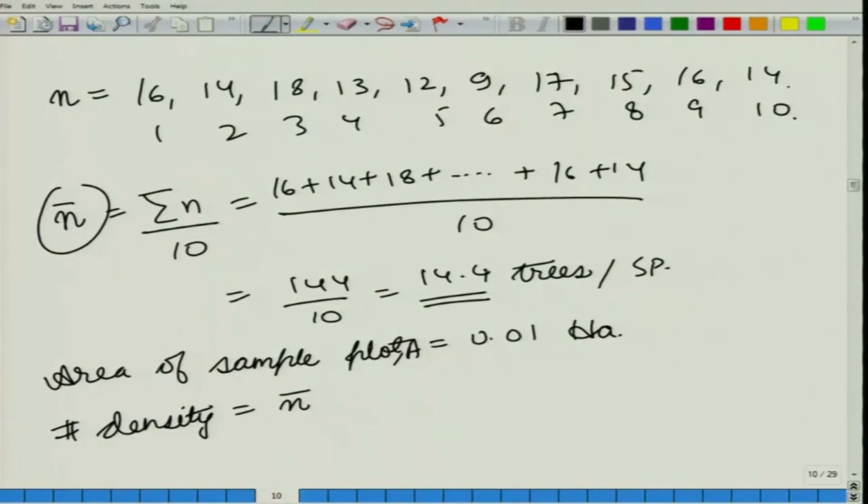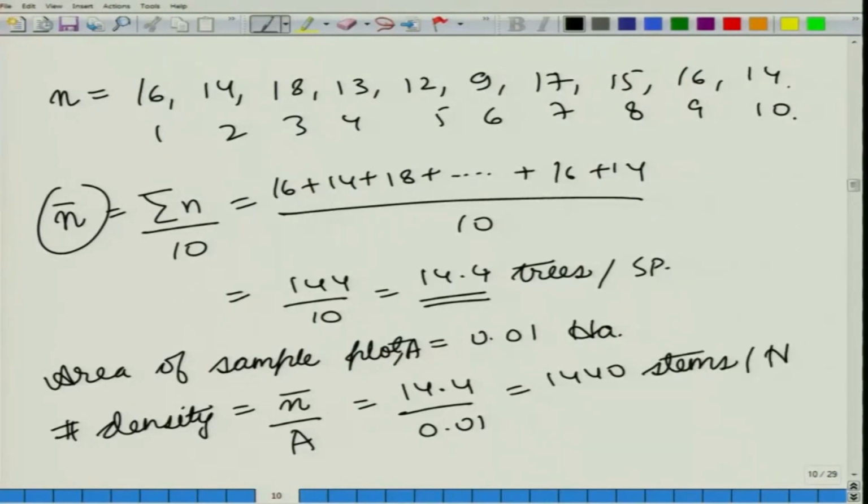For instance, if we have a stem of a larger diameter, we will call it a tree. If we have a stem of a smaller diameter, we will just call it a stem. So, number density is the number of stems per sample plot divided by the area of the sample plot. Here we get 14.4 divided by 0.01 is equal to 1440 stems per hectare. So, this is the stand density.